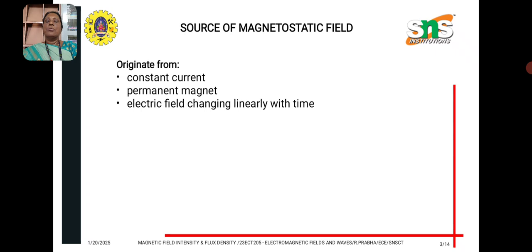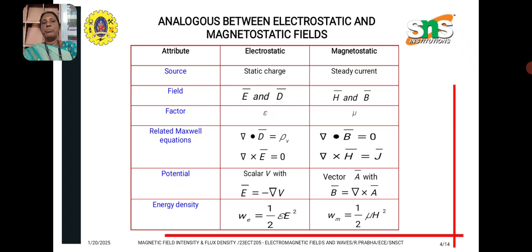So there are three sources of magnetostatics. The magnetostatic field originates from either a constant current, or a permanent magnet, or an electric field changing linearly with respect to time. And now we are going to analyze the analogy between the electrostatic and magnetostatic fields for various parameters.